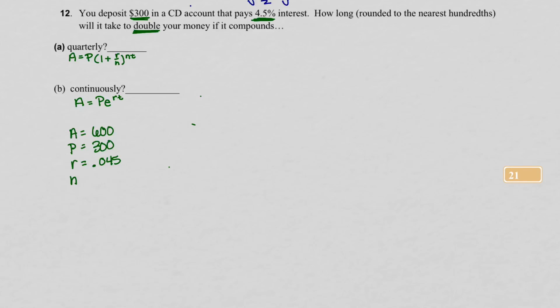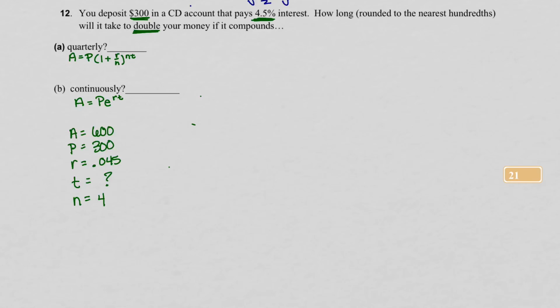And actually, let's do the time next. The time for both of these is what we're looking for, right? But one of them compounds quarterly. So what is the number of times it'll compound if it's compounded quarterly? There's 4 quarters in the year.